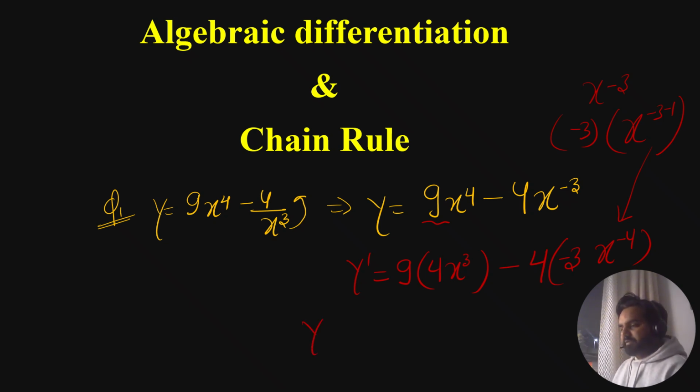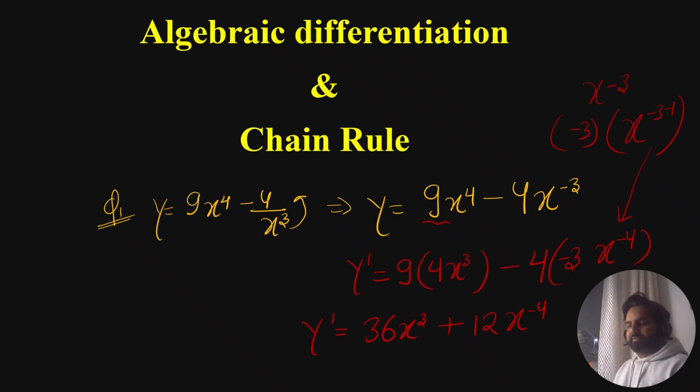Now if you want to simplify, y dash is equal to 36x to the power 3 minus and minus plus, and this 4 times 3 is your 12 x power minus 4.